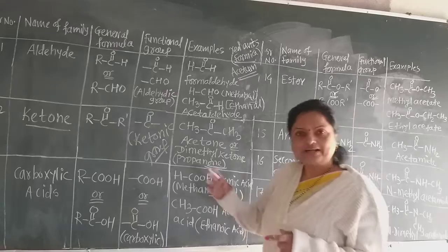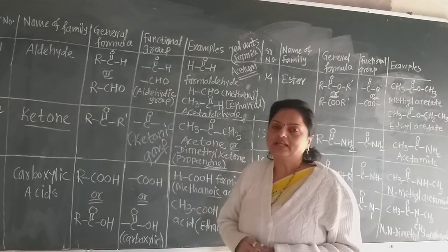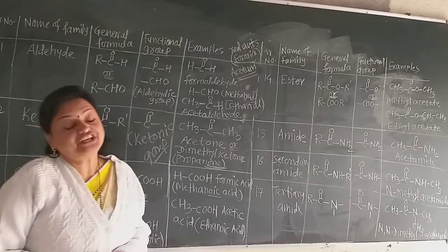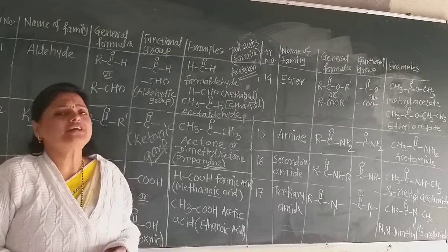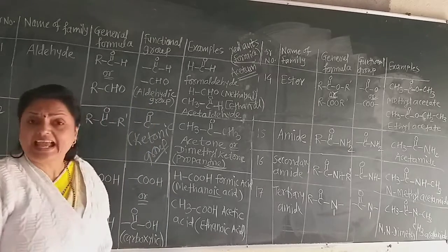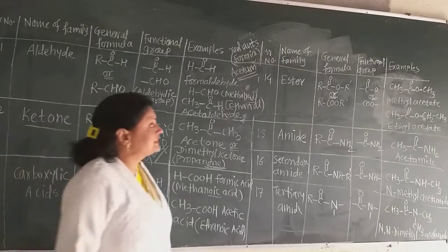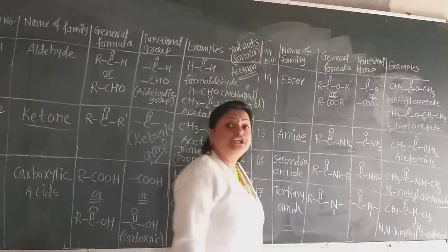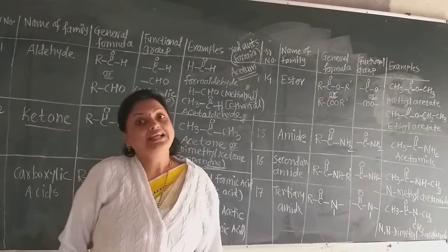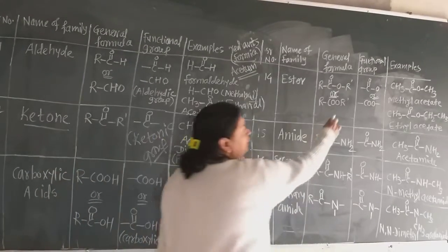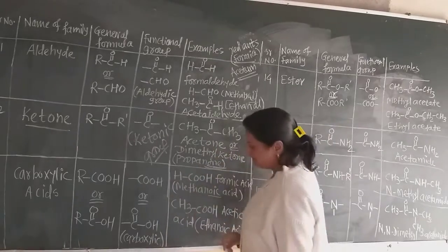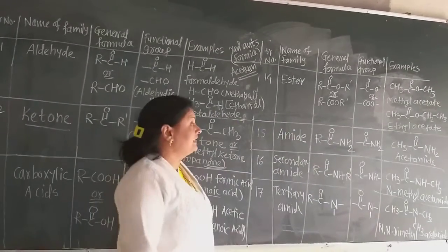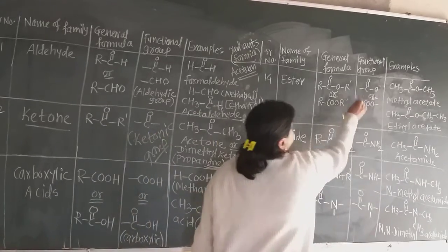Now do you understand all these three very important families or classes? Now come to the ester family. It is also the same as that of the carboxylic acid, but the only difference is that in the ester, the hydrogen atom of the carboxylic group, COOH group, is replaced by the alkyl group. See, here is the compulsory hydrogen atom in the carboxylic acid, but here is the alkyl group.